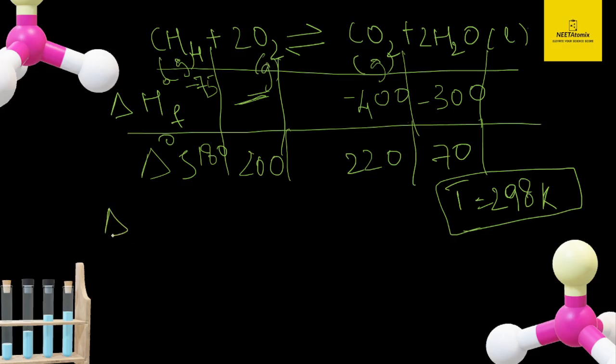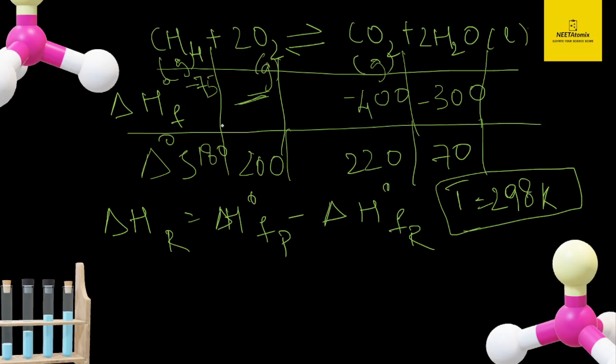If we find the delta H of the reaction, it will be delta H of the products minus delta H of the reactants.